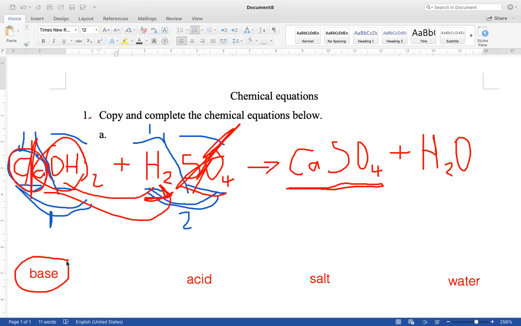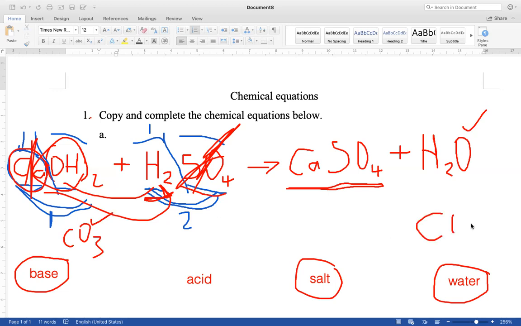If it's a metal carbonate or a metal hydrogen carbonate, because of the carbonate CO3, that is how not only water is formed alongside the salt, but because look here, H2O, there's one oxygen atom present. So when you remove one atom of oxygen from the carbonate here, you'll find that CO2 is also going to be formed alongside.